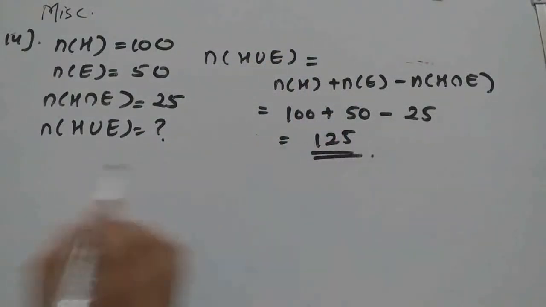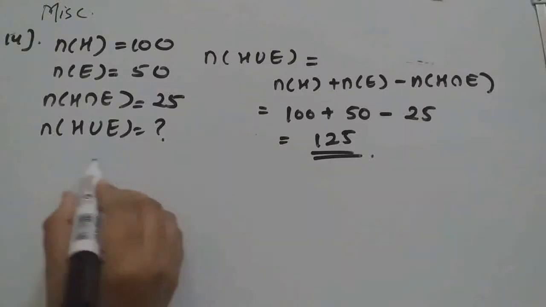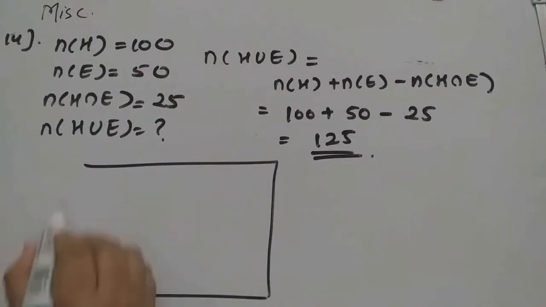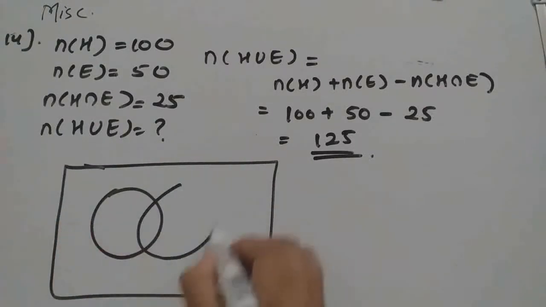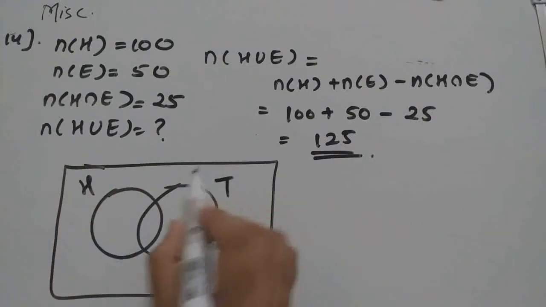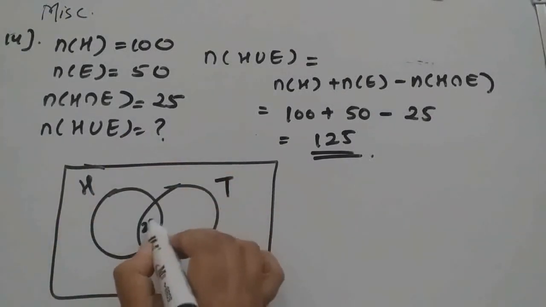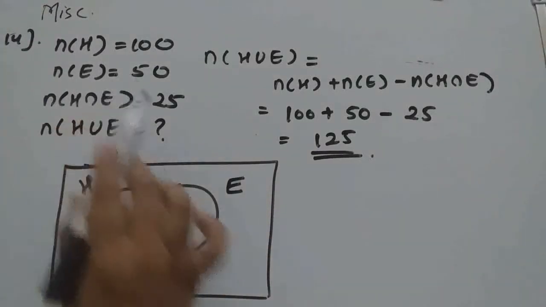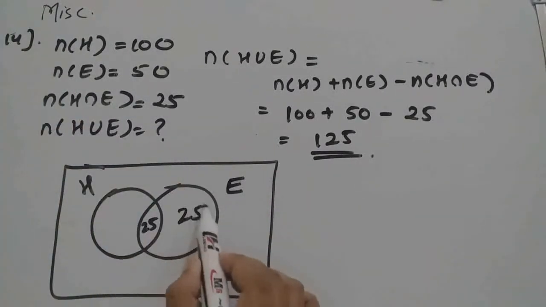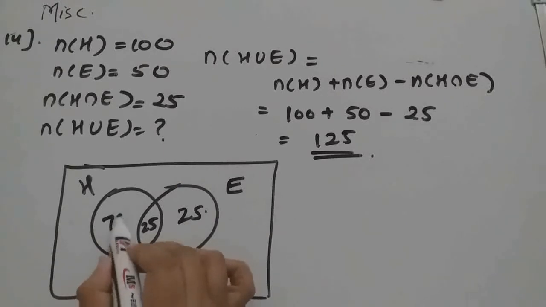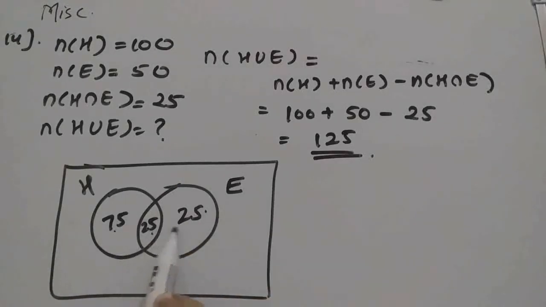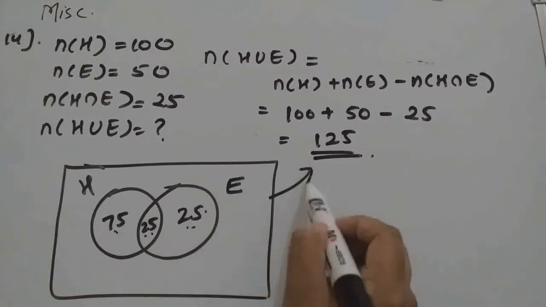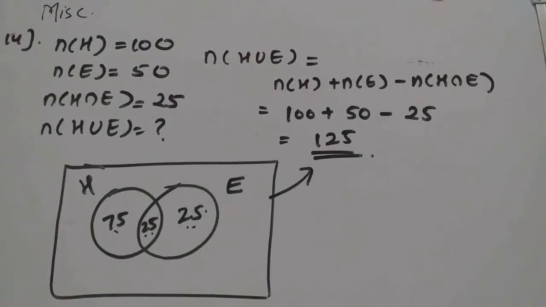This we can solve by Venn diagram also. H and E, H intersection E is 25. So E is 50, so this will be 25, H is 100 means this is 75. So you add all these three sets to get 125.